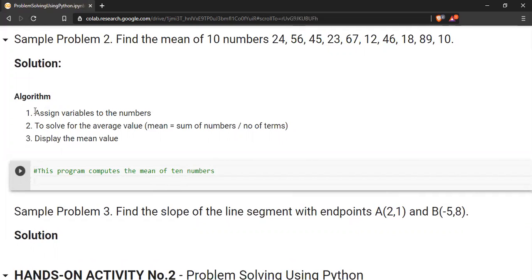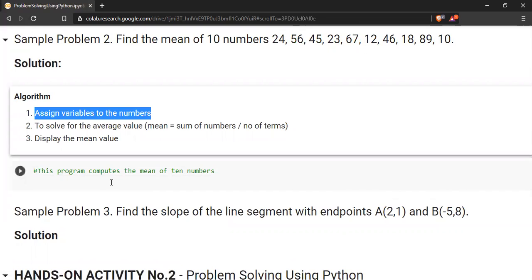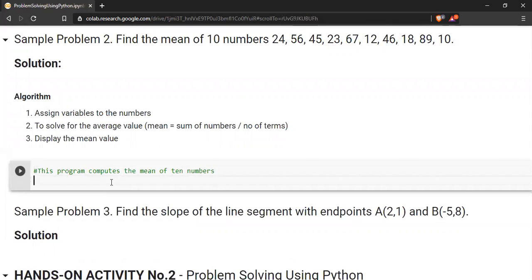In our first code, we will assign variables to the numbers. Since we have 10 numbers, we can assign 10 variables. I will name the variables num1, num2, and so on.